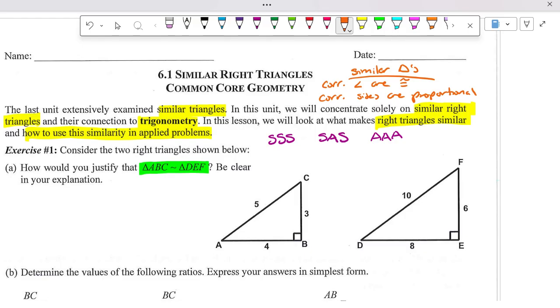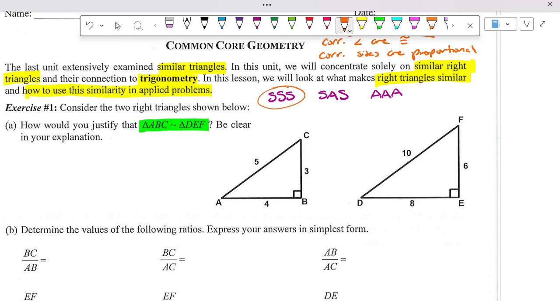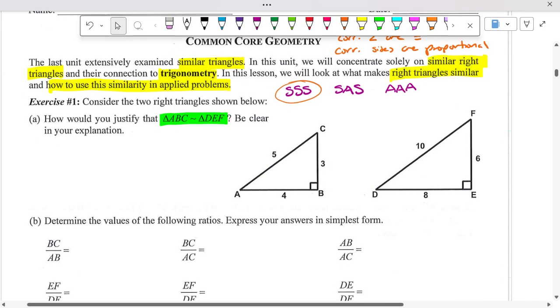All right. So looking at these 2 triangles, which of these 3 postulates would be the easiest to check? Or the one to make the most sense to check, given the information that we have marked? Side, side, side. So we're going to use side, side, side. So now, what are my corresponding sides?